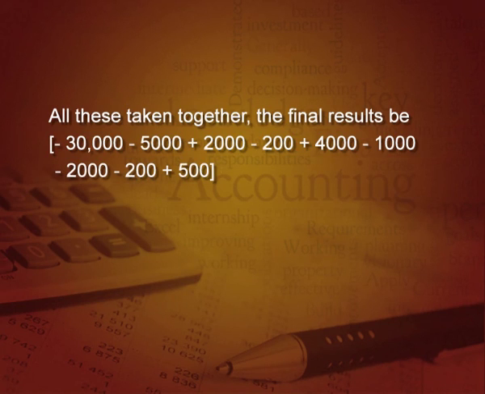So all these entries taken together, we started with minus 30,000, then minus 5,000 plus 2,000 minus 200 plus 4,000 minus 1,000 minus 2,000 minus 200 plus 500, which makes the balance 31,900 overdraft as per passbook.